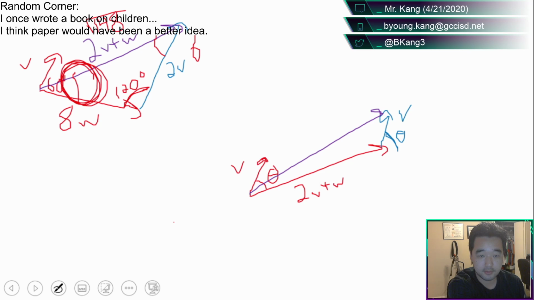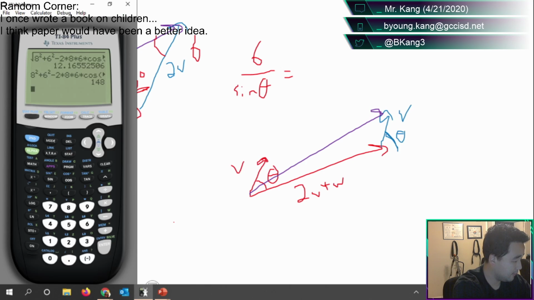Okay. So you can do law of sines to figure this out. We'll call this theta, I guess. So 6 over sine theta equals, and I guess we should rewrite the square root of 148. I know 4 divides it, but what else divides it?